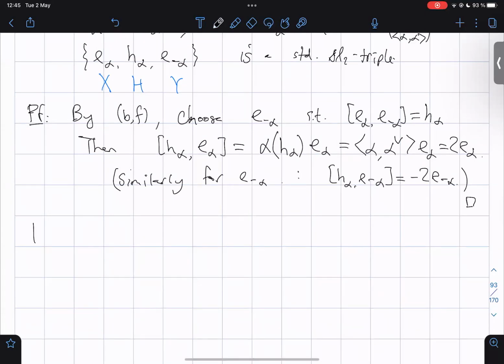Okay, other things. We have these nice SL2 triples, and that really gives rise to something that was stated before, but let's formulate it as a proposition here.